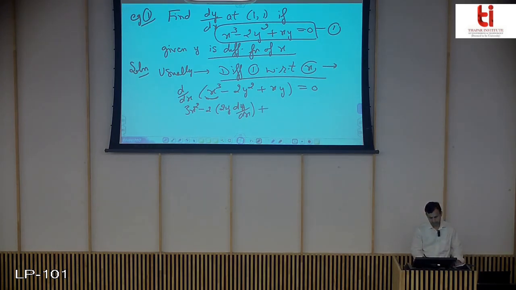Now the third term, a very important one: holding x as such, we get x dy dx, then holding y, differentiating with respect to x gives 1, and this is equal to 0. So this gives the differentiation of the last term.